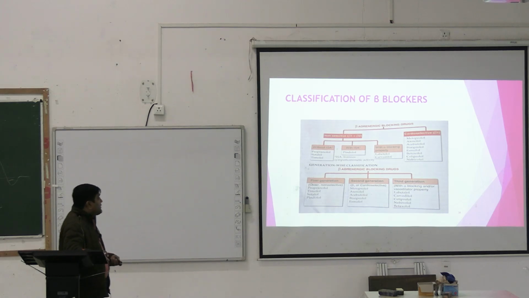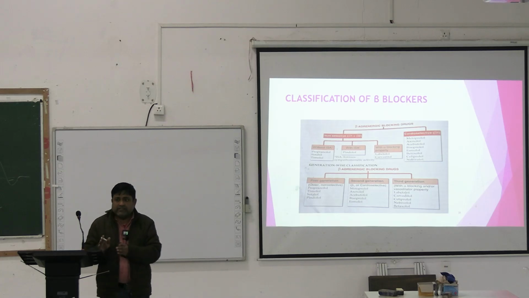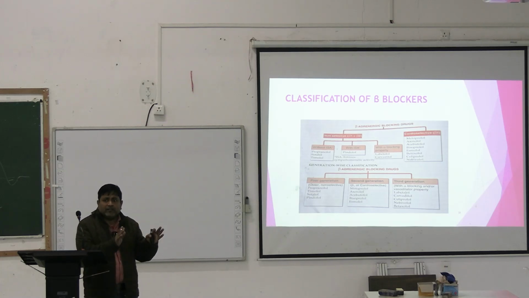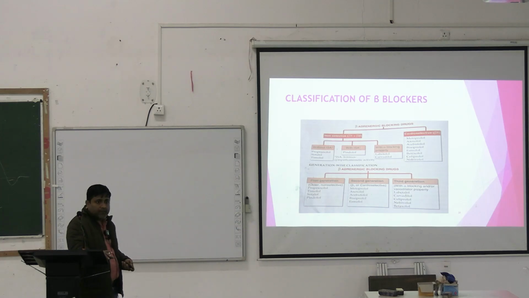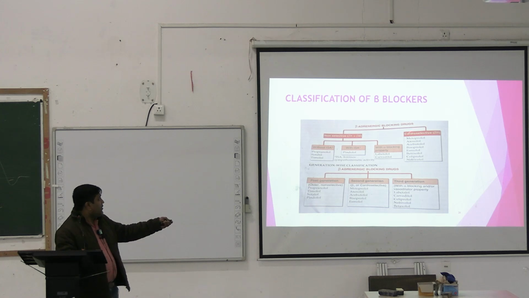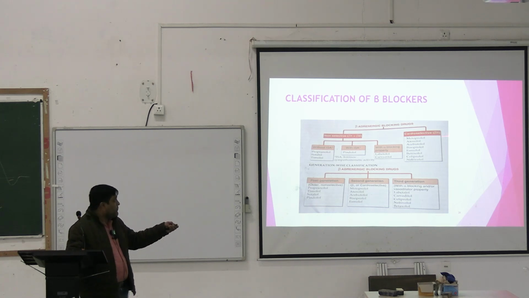Now beta-adrenergic blocking drugs can again be divided into different generations. First generation, these are basically non-selective beta blockers, that means propranolol, sotalol, timolol, pindolol, labetalol, carvedilol, no, sorry, these four drugs will come in the first generation. Now coming to second generation, these are cardioselective beta blockers. All cardioselective beta blockers will come here, except some drugs.